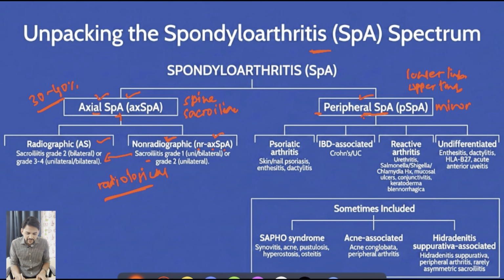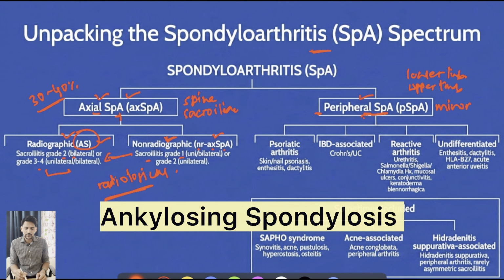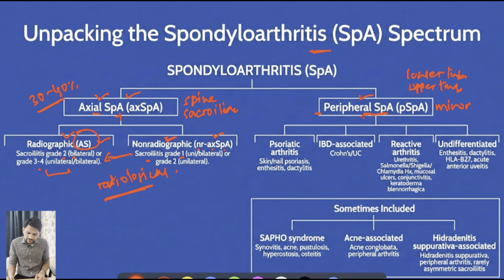Here mainly sacroiliitis of grade 1 or grade 2 unilateral is considered in this group, and as the disease progresses to involve a further higher grade of sacroiliitis, for example bilateral grade 2 or grade 3, grade 4 and all are included in radiographic axial spondyloarthritis, and the advanced form is called ankylosing spondylitis.